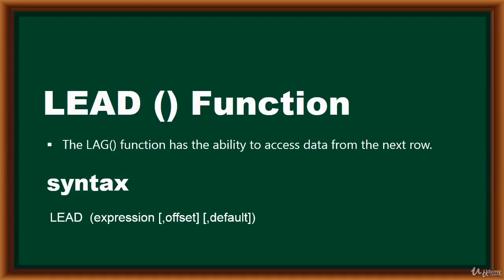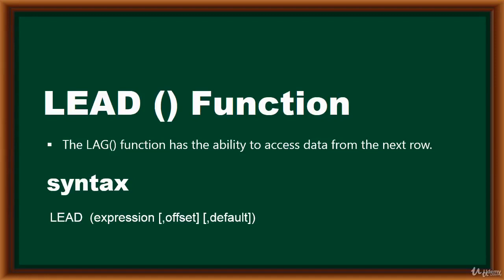So we've got the lead function, and inside the parentheses, we've got these various arguments. We've got an expression, which refers to a column or expression used to compute the returned value. Next, we've got the offset, which refers to the number of rows preceding the lead on the current row.